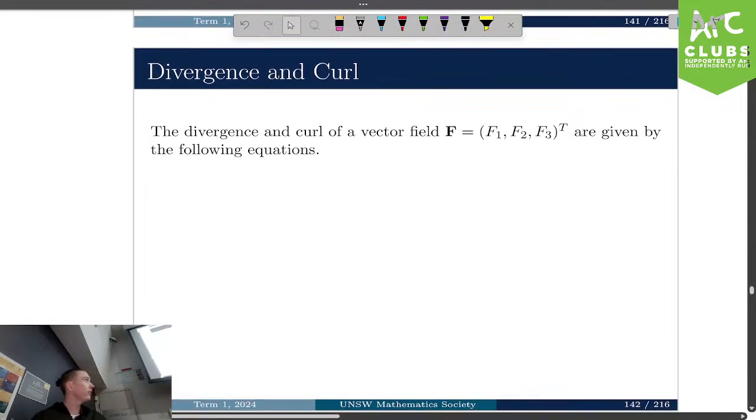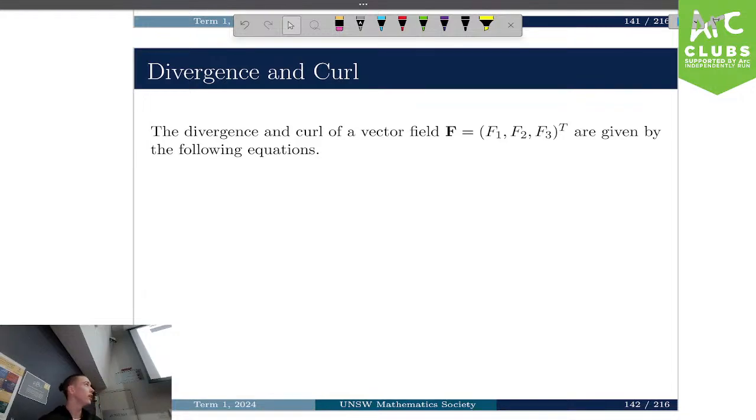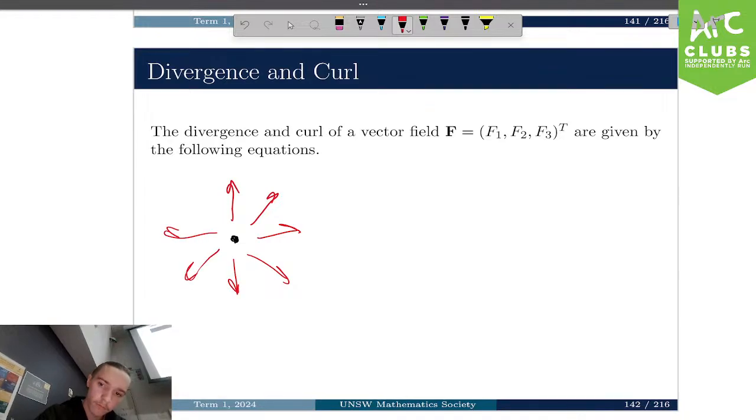So now the next thing that we learn with vector fields is this idea of divergence and curl. And there's geometric significance to what divergence and curl actually mean. So divergence is if I've got a point here, and I've got vectors shooting out of here, we say that there's a positive divergence.